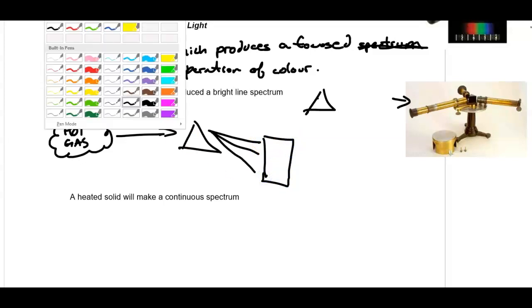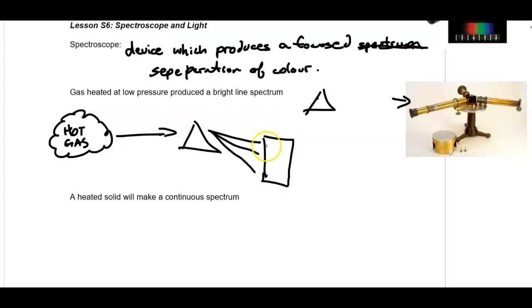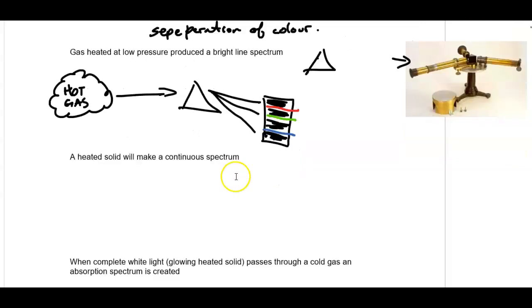In other words, you're going to see several bright lines over a black background. So it might look something like that. Right, and so you've got these tiny bright lines here.